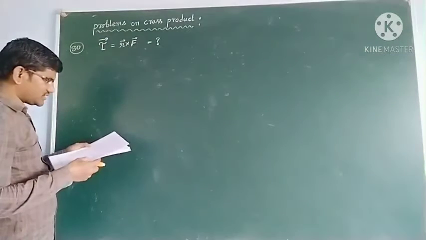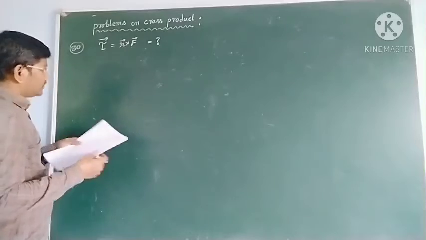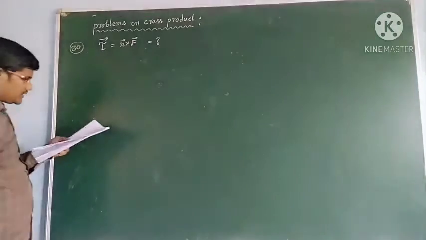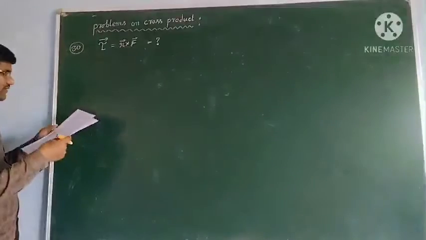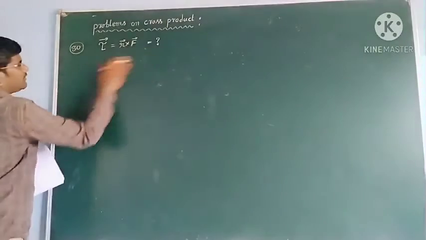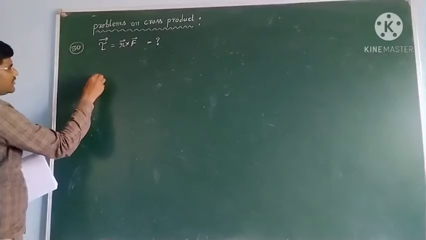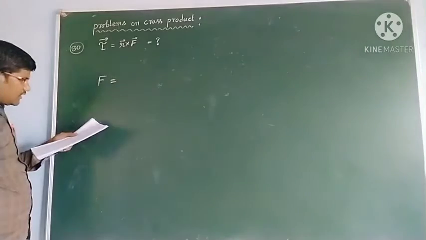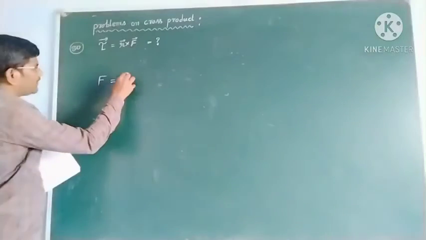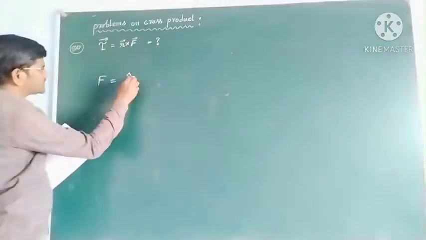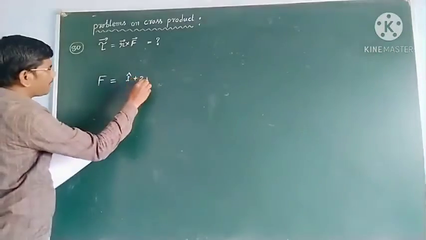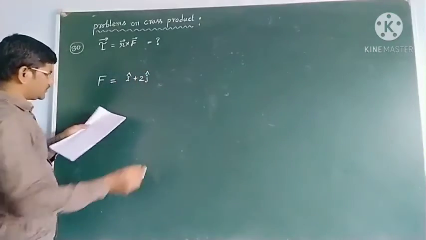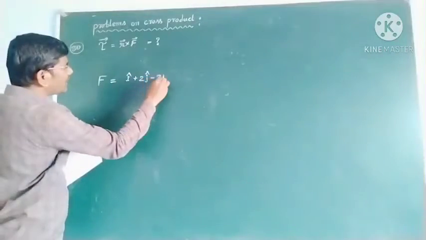Okay students, we need to find this torque, and they have given the force for us. F bar is given: F bar is equal to i cap plus 2j cap minus 3k cap.